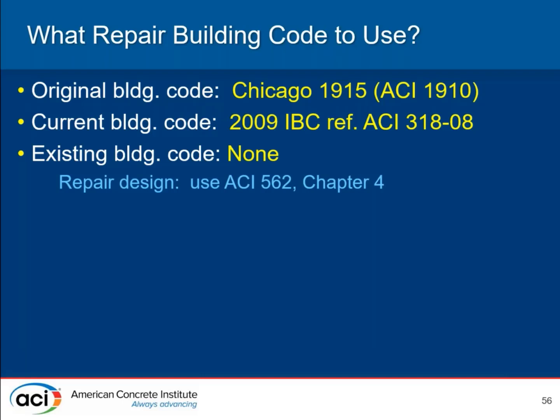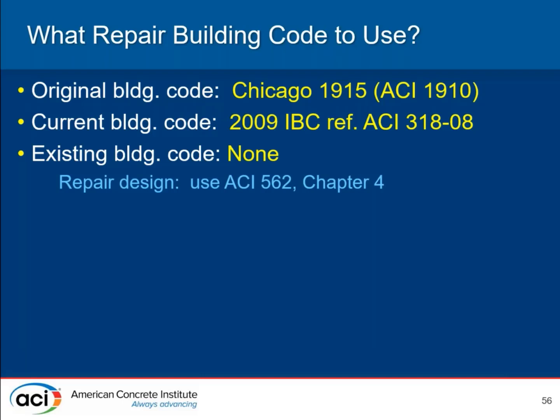The current building code is the 2009 International Building Code, which refers to ACI 318-08. There's no existing building code in this jurisdiction. The local jurisdiction has not adopted, probably, the 2009 edition of the IEBC.